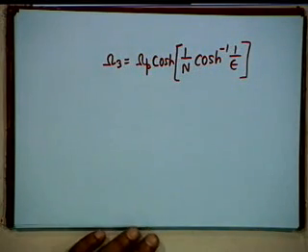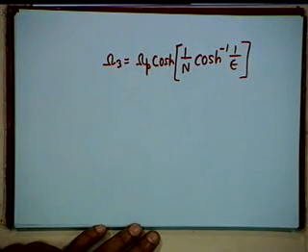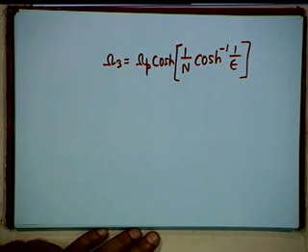This is the expression for the 3 dB frequency. Just out of curiosity, what is the 3 dB frequency? Obviously, that will be greater than omega p if epsilon is less than 1.